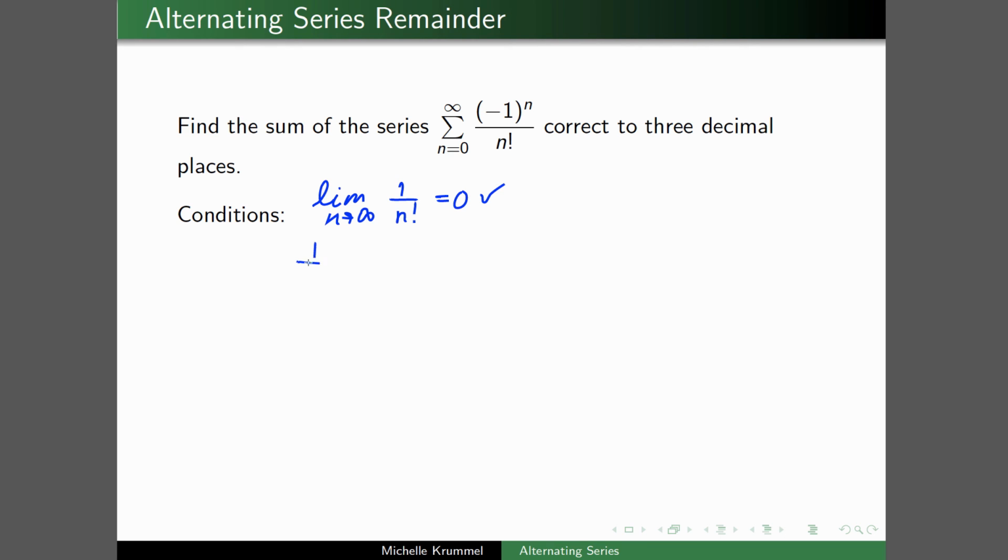Next we check that 1 over n plus 1 factorial is less than or equal to 1 over n factorial. And n plus 1 factorial is larger than n factorial. A larger denominator means a smaller overall value. Therefore, our series converges by the alternating series test.